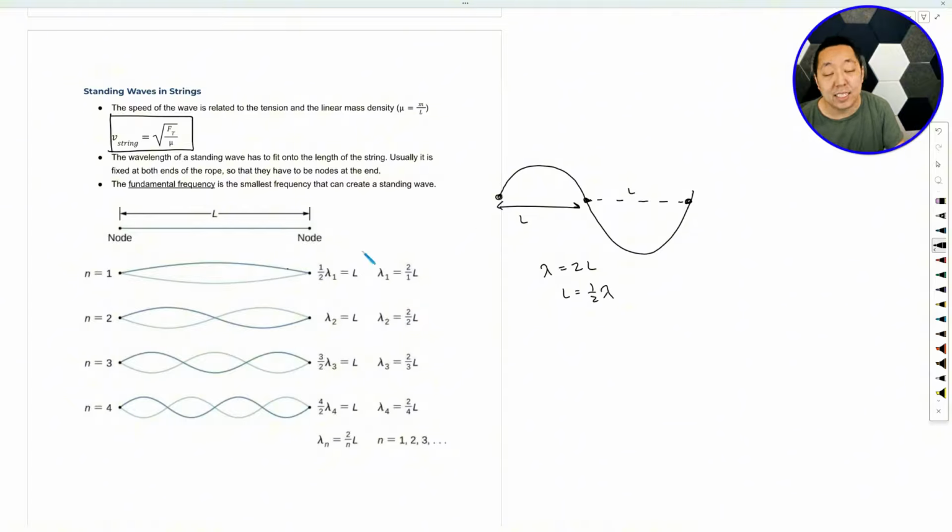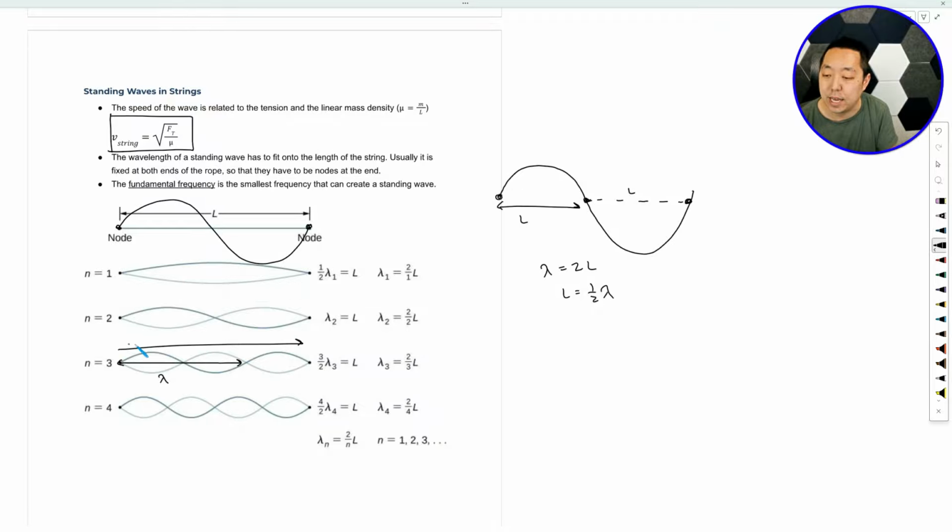What about the next size you could fit in here? Well, if this is a fixed node, you could fit one thing like this. So now the wavelength is exactly equal to L. And for the next one, this is my wavelength. How does that compare to L?